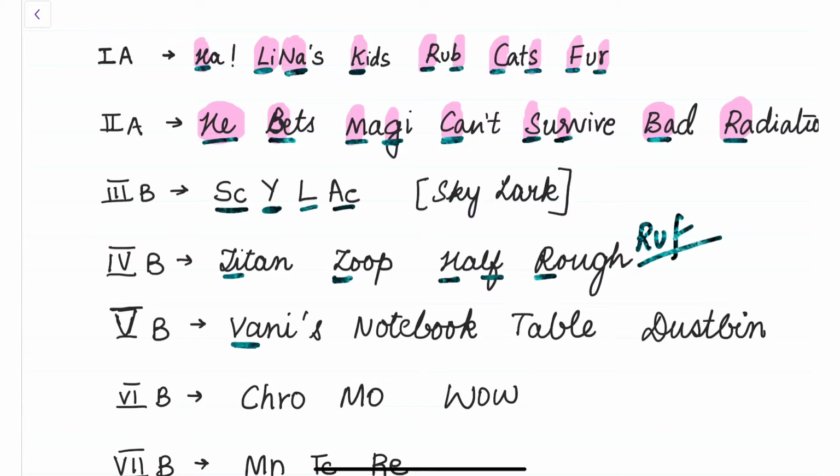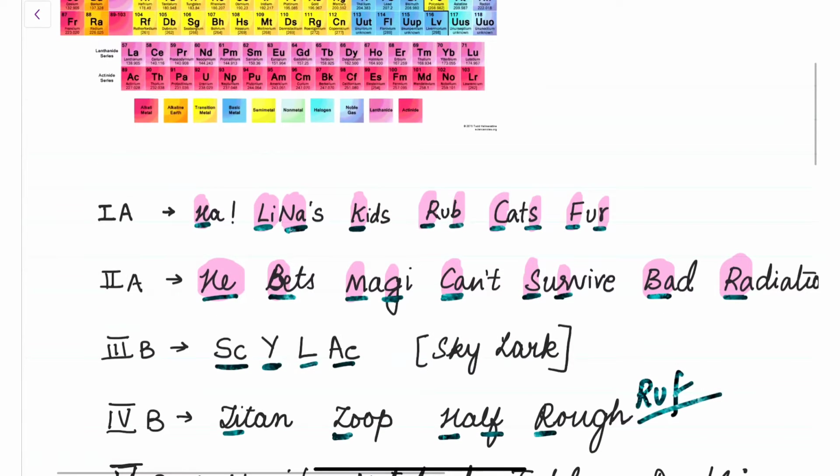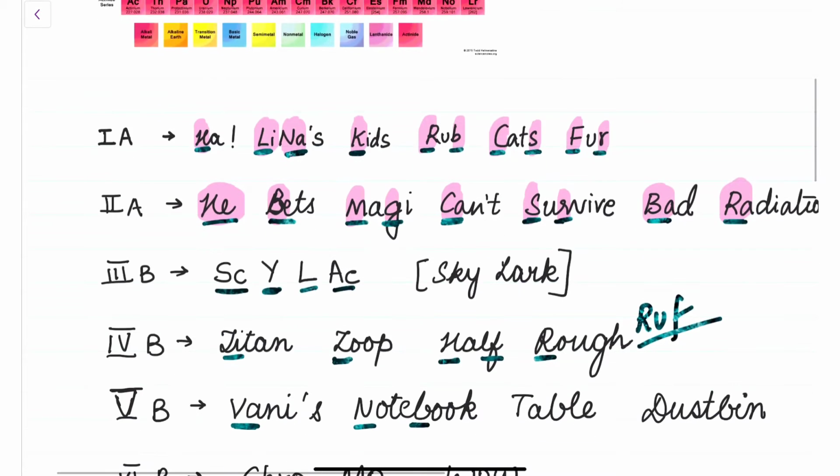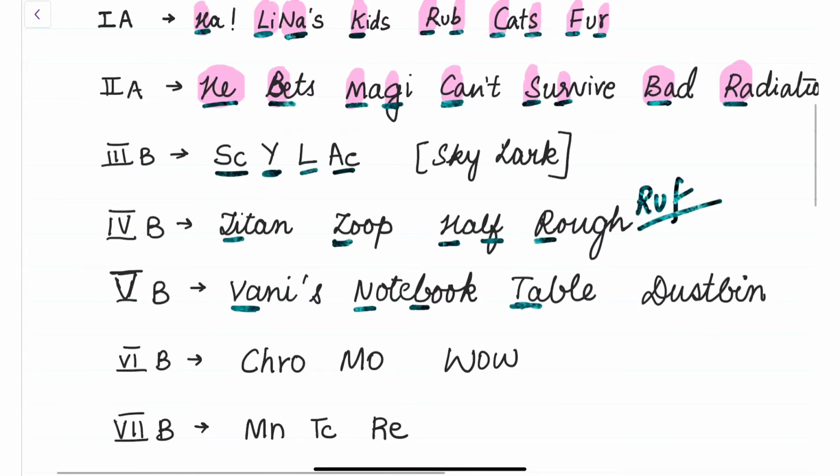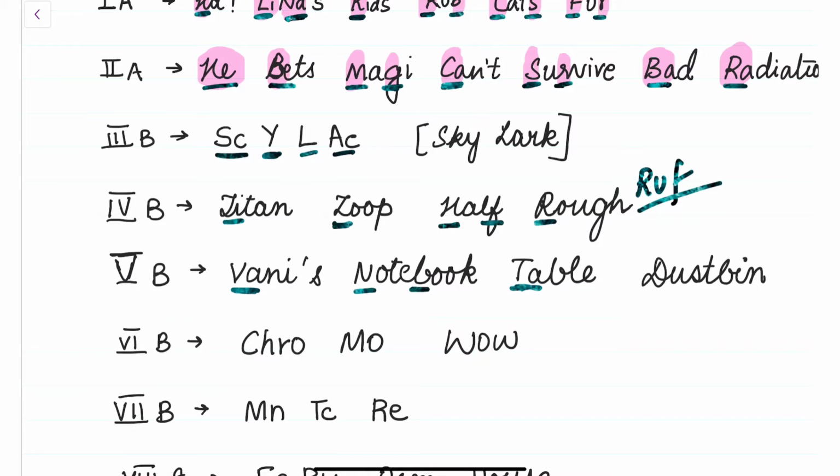So Va for vanadium, and notebook for niobium, and table for tantalum, and dubnium. So this is the 105 group, 105 atomic number. So that is dustbin. So Vani's notebook table, dustbin. Alright, so Vani's notebook table is in dustbin right now.